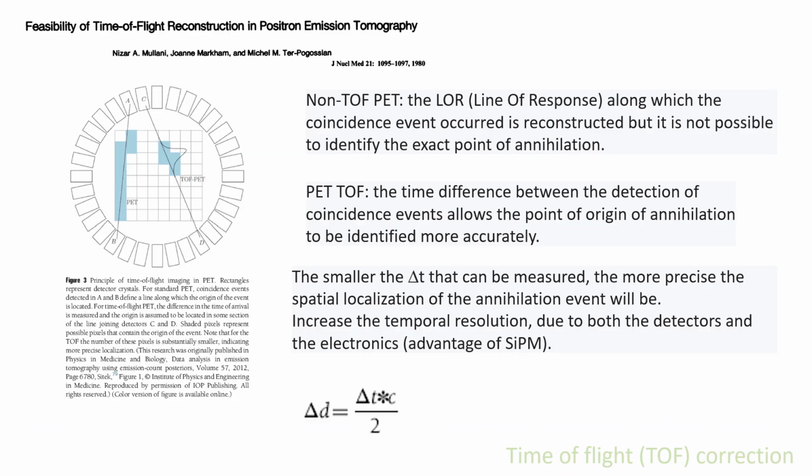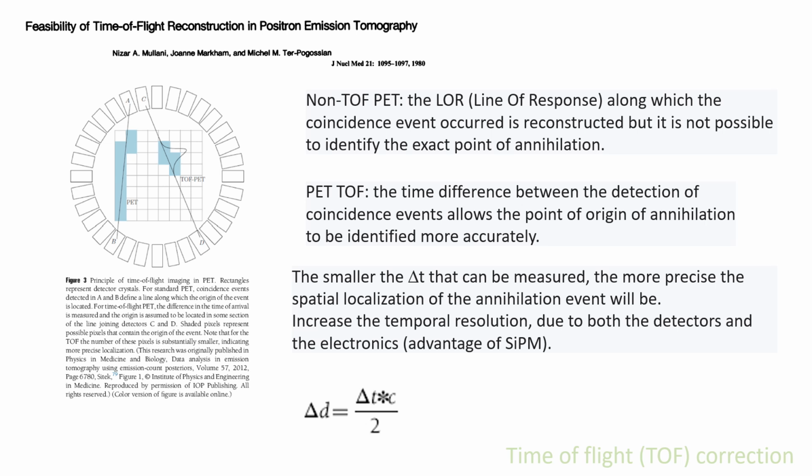Many papers have investigated the increase in spatial resolution and improvement in quantitative evaluation of TOF scanners. The smaller the distance in time that can be measured, the more precise the spatial localization of the annihilation event will be.